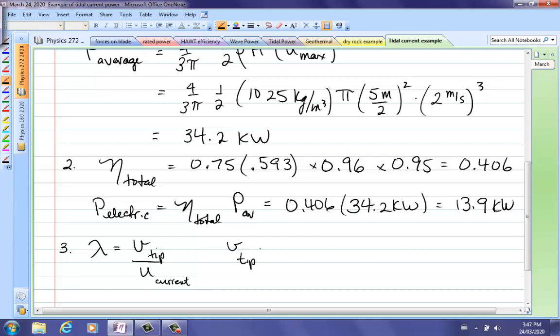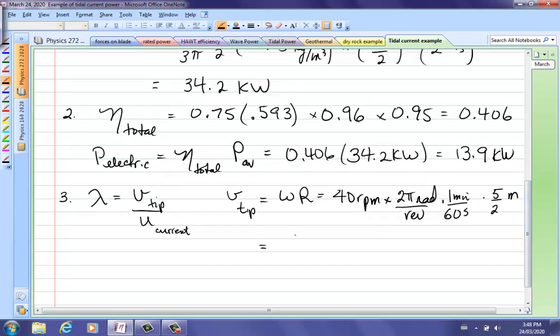So the tip speed is omega r, where omega is 40 RPM, which we have to convert to rads per second. So 2 pi rads per revolution times 1 minute per 60 seconds, times 5/2 meters.